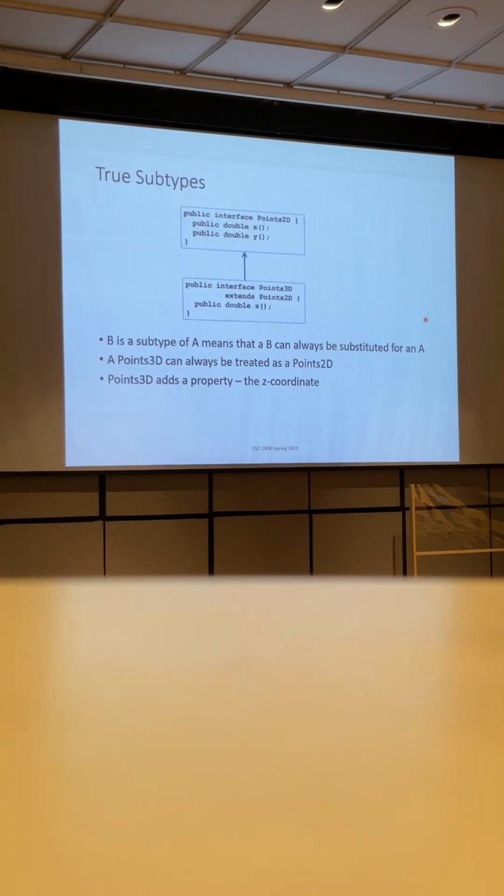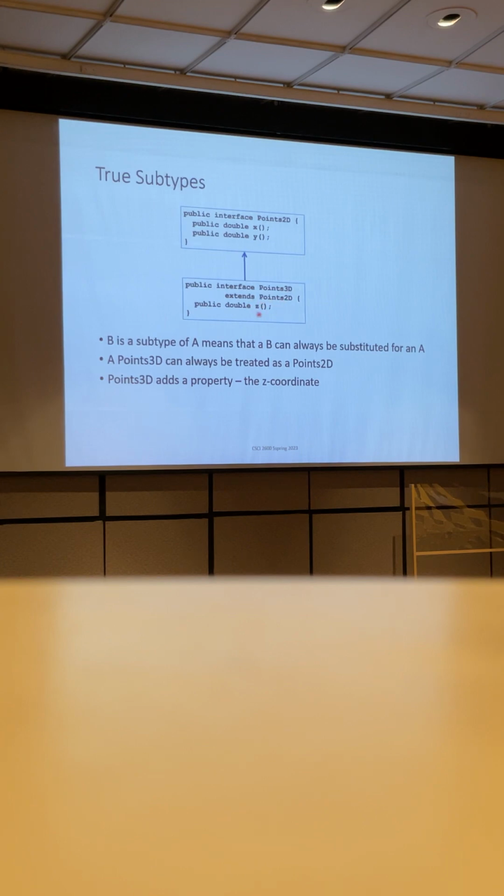And here is an example. Well, in fact, several examples. So we have interface Point2D, and we have another interface Point3D, which adds the third coordinate.